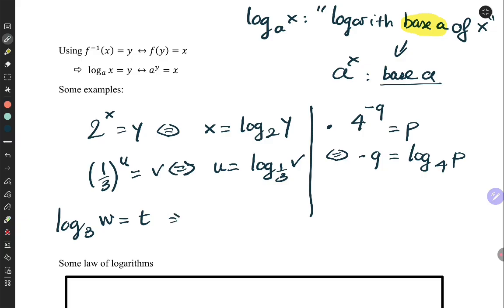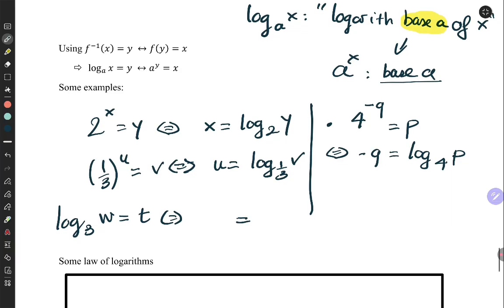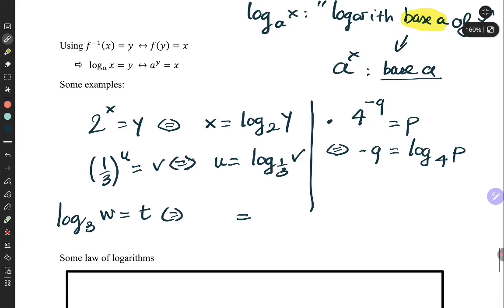Now we've been going from left to right, having the exponential rewritten in logarithm. Now we have a logarithm, and the exponential form would be... there's an equal sign. What would be on the left side? What would be on the right side? What do you think? Is w left or right? Either way. If I put w on the left, what goes on the right side?